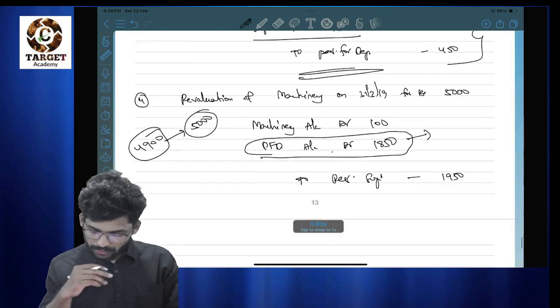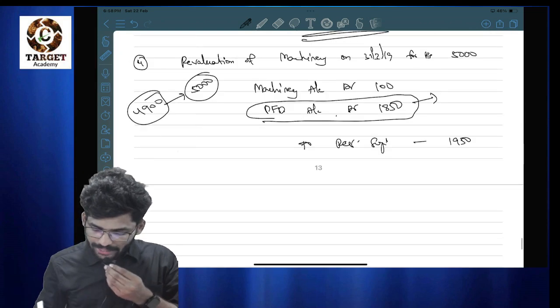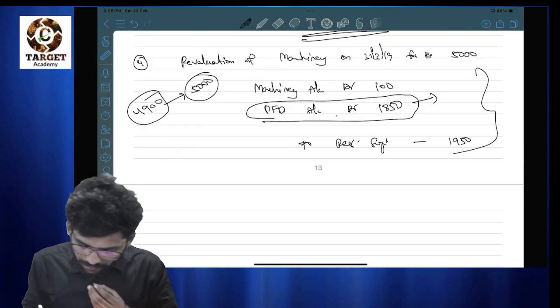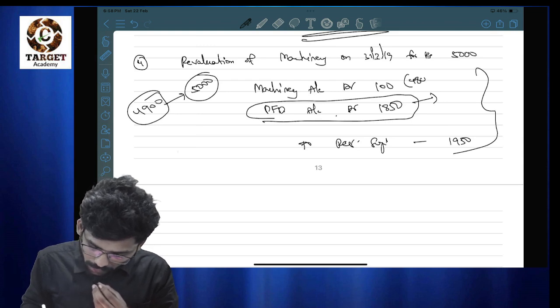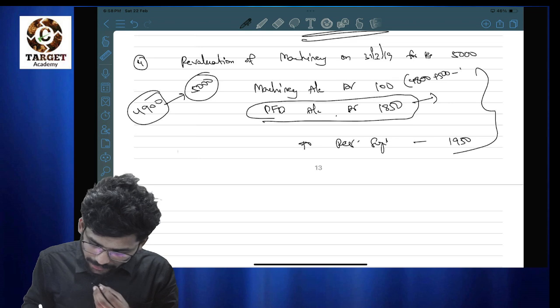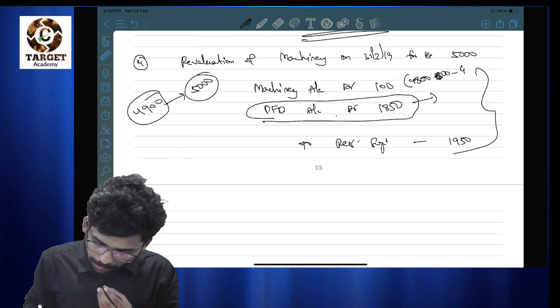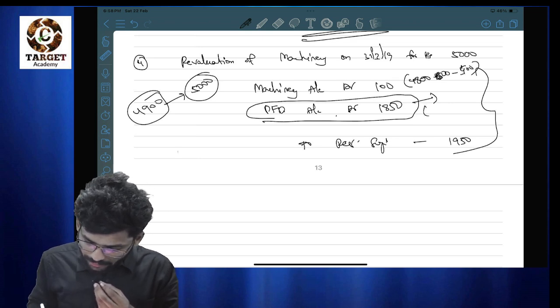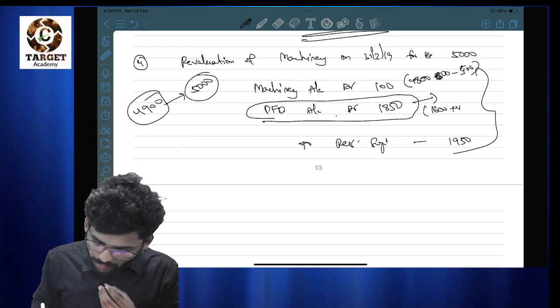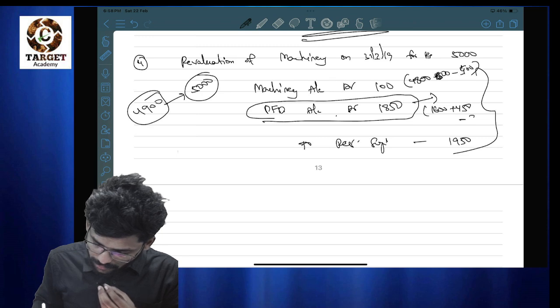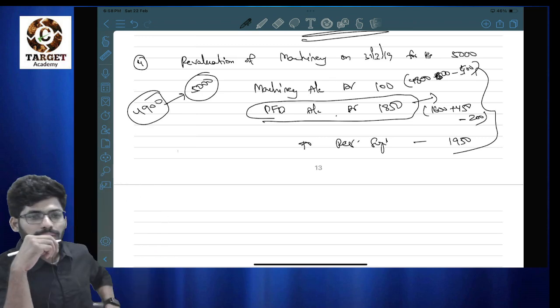Okay. Now what is the entry amount? So please write the calculation here. 4,800 plus 600 minus 500. Here 1600 plus 450 minus 200. Then you will understand.